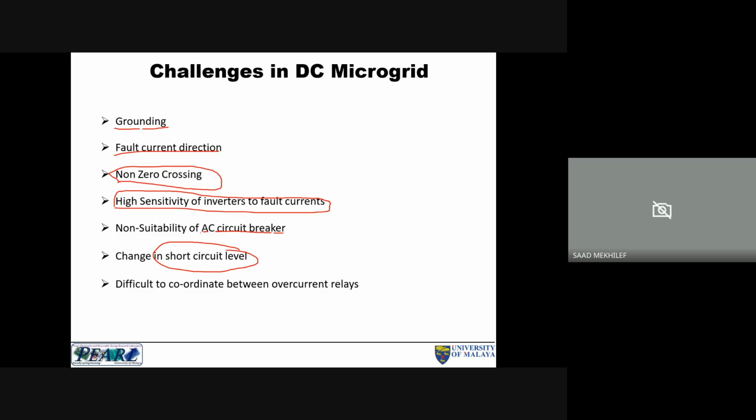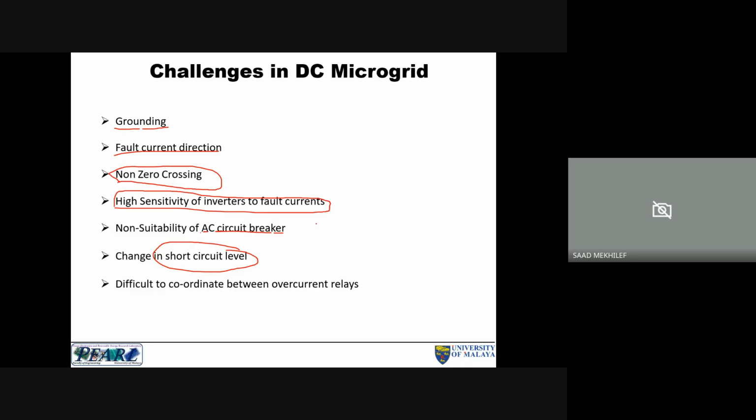Mixing, or using the wrong device, can lead to this kind of problem. And then I think we have explained the change in short circuit current and the difficulty of coordinating between overcurrent relays. That's one of the issues we face in DC microgrids.